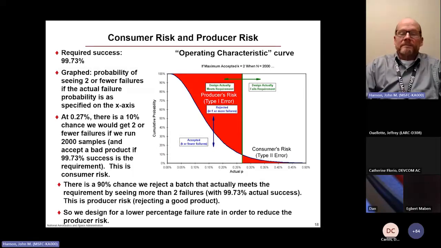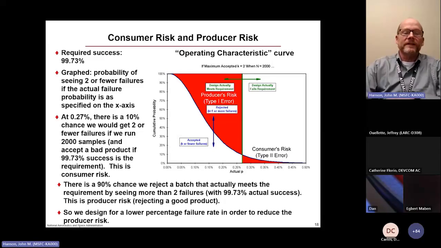So there's this curve called an operating characteristic, which is basically the same curve that we just showed on the last slide. And in this case, we're looking at a case where we're saying required success is 99.73%.